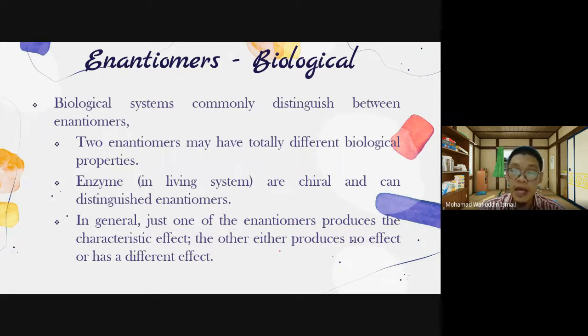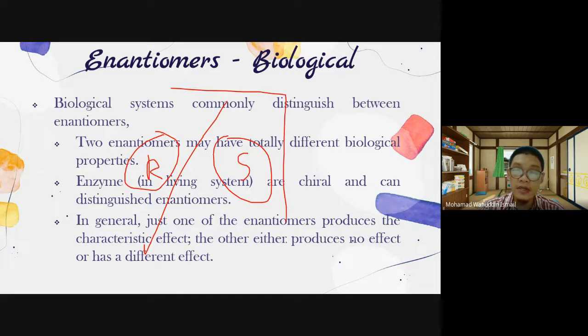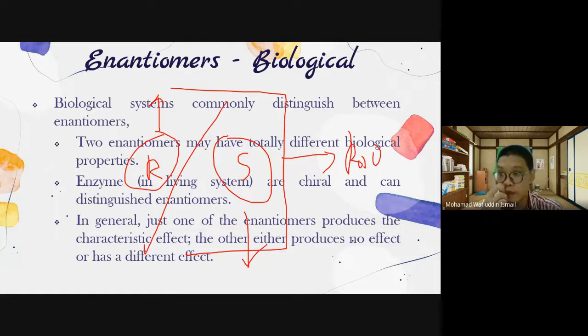The other either produces no effect or has a different effect. Meaning R and S have different reactivity in terms of biological activity. The other one didn't contribute at all. So that's the difference between enantiomers.